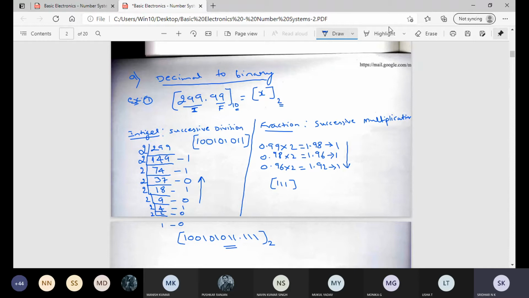It is 2. In case of decimal to octal, the required base number will be 8, so you have to divide by 8. In case of decimal to hexadecimal, the required base number will be 16, so you have to divide by 16. But the procedure remains the same. This is the procedure for the integer, and for the fraction this is the procedure. We'll do one more problem, and you'll understand now.